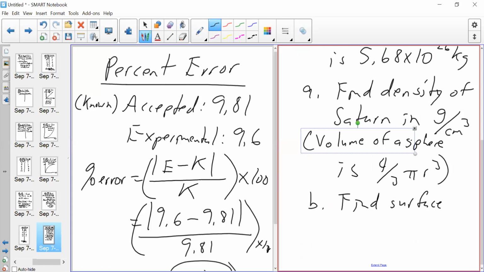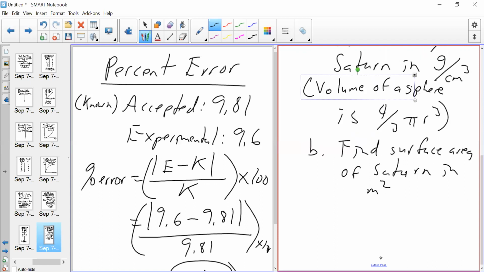Find the surface area of Saturn. Anybody know the surface area of a sphere? Remember that? It's 4 pi r squared. Expect you guys to provide all these.